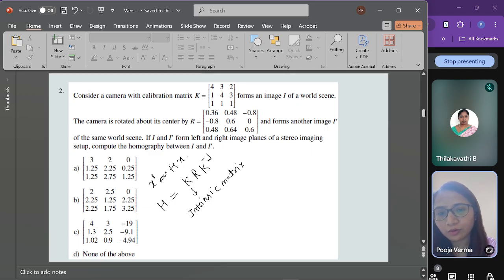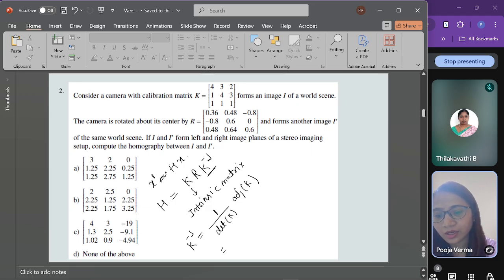Now what we need to do, first we need to calculate K inverse so that we can multiply. Okay, so can we calculate the K inverse? So how can we calculate? That is 1 by determinant of K times adjoint of K. So it is a lengthy process.